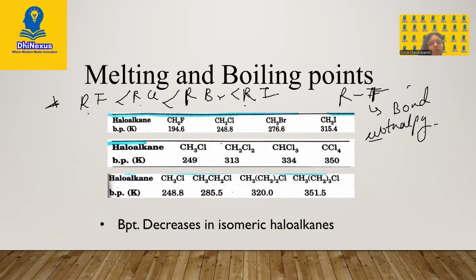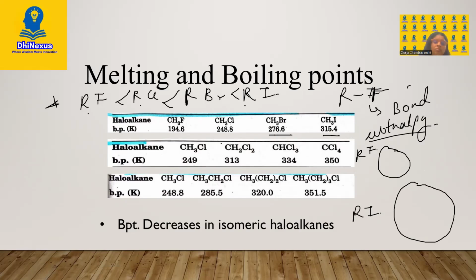But what is observed is that as the size of a haloalkane increases, for RI, which is iodoalkane, it is going to be bigger. So van der Waals forces increase, and hence iodoalkane has the highest boiling point, which will be iodomethane, then bromomethane, chloromethane, and fluoromethane. So this is the trend that we observe when we're talking about boiling points.